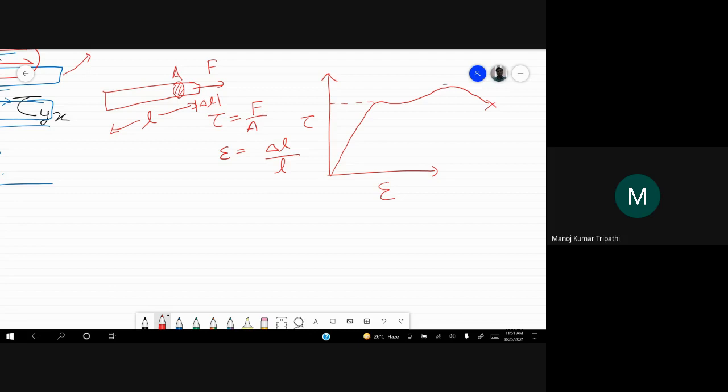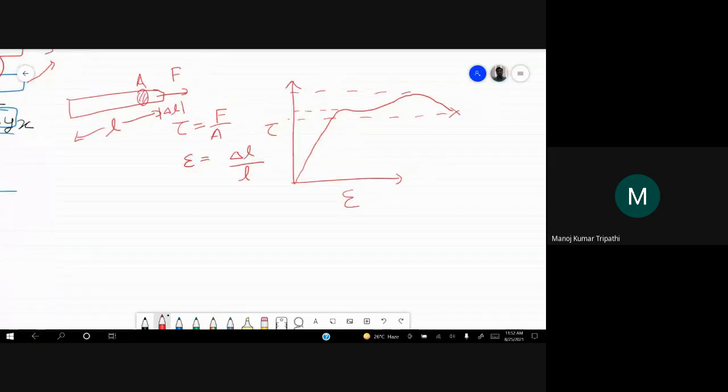This is known as the ultimate strength, and this is known as the breaking point. You have seen this plot, I think, for solids in your school also. For solids, there is a finite strain. Epsilon is called strain. There are different kinds of strain, but right now let us just call this strain.